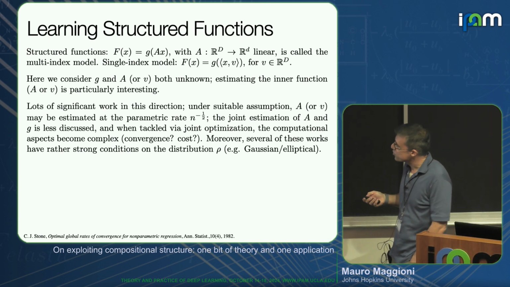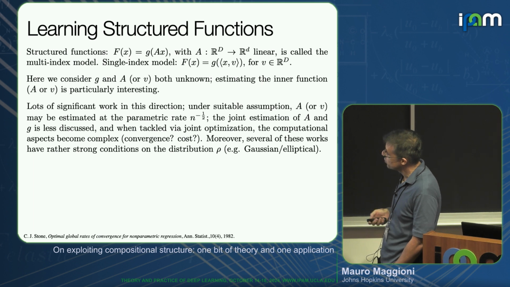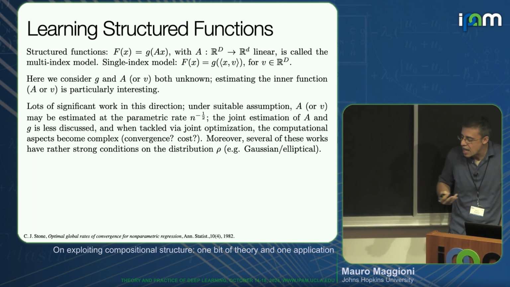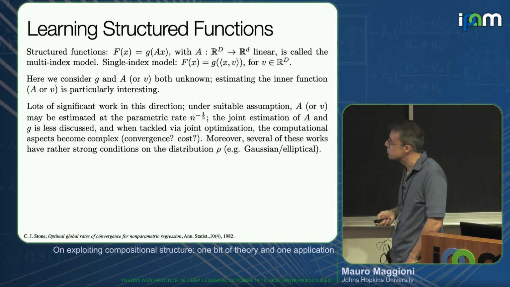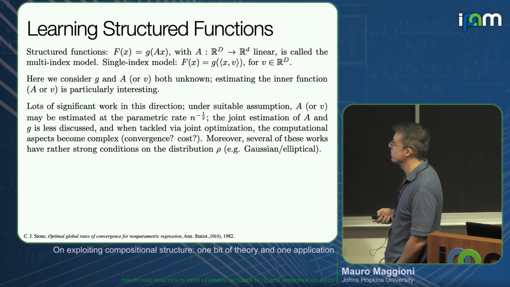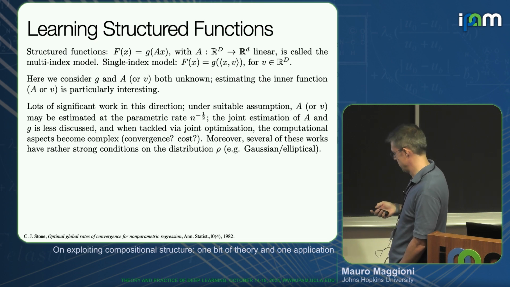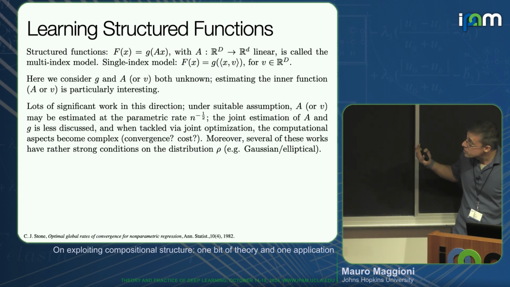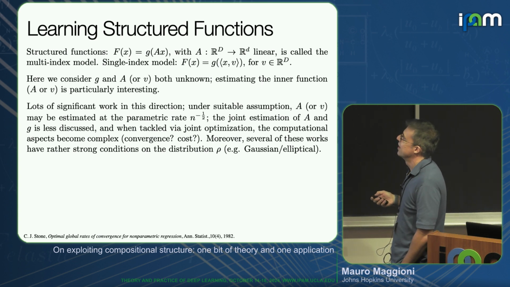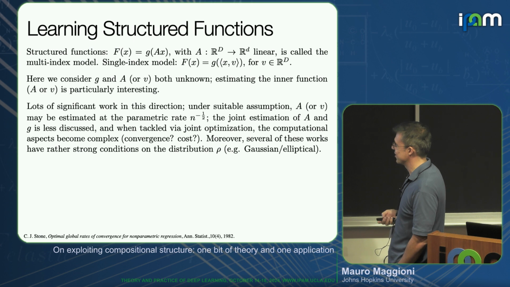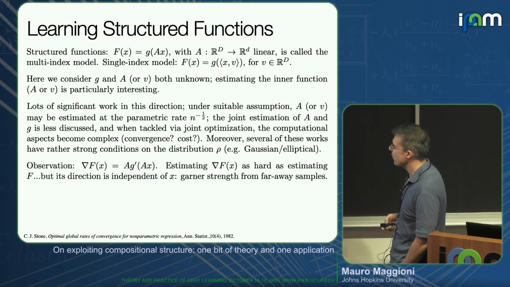And albeit, usually with strong conditions on both the distribution of X, essentially X Gaussian or with an elliptical distribution. We'll see why the distribution of X can be important in this problem. And maybe assumptions on G. G monotone is a popular assumption, I guess. Which is, of course, strong and something that we would like to get rid of.